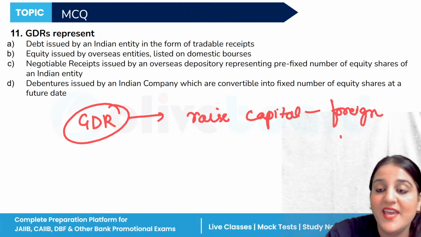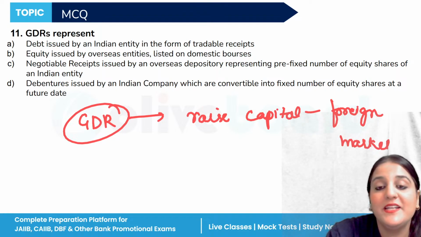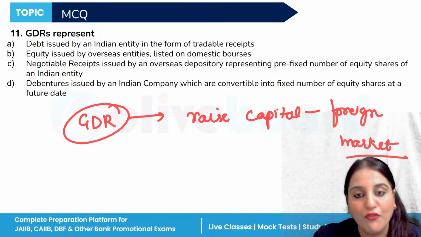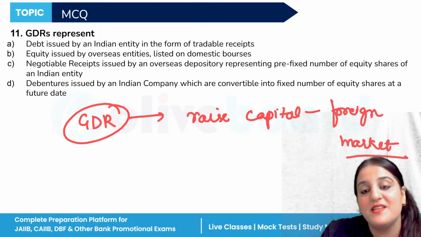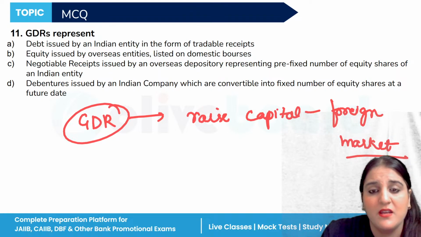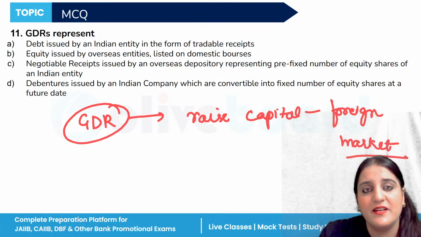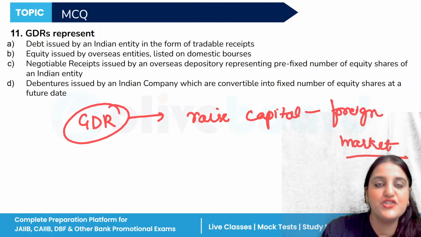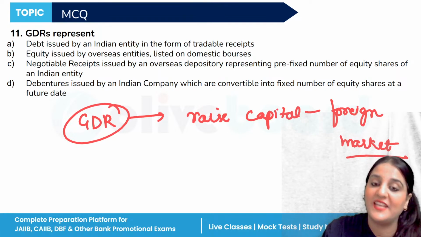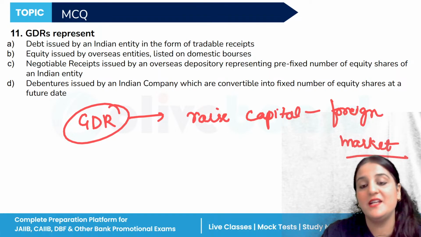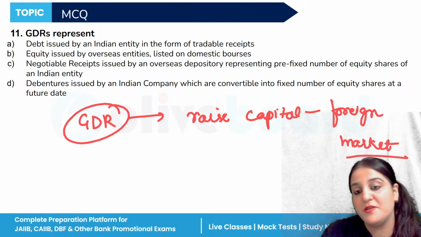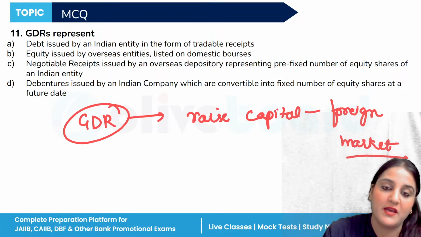They are issued by a depository bank overseas and represent a specific number of shares in an Indian company. Each GDR corresponds to a certain number of shares of the underlying stock, which can be traded on the international market.